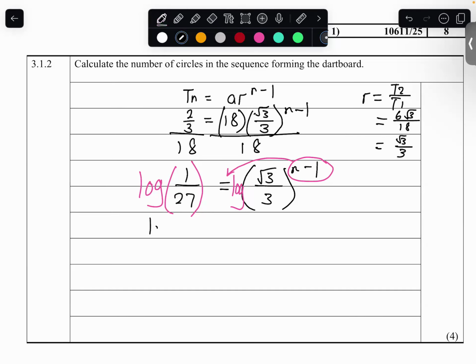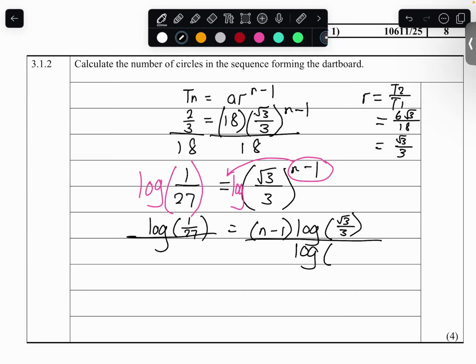You have log 1 over 27 is equal to n minus 1 times log root 3 over 3. Then I divide both sides by log root 3 over 3, and I'm left with n minus 1 here.